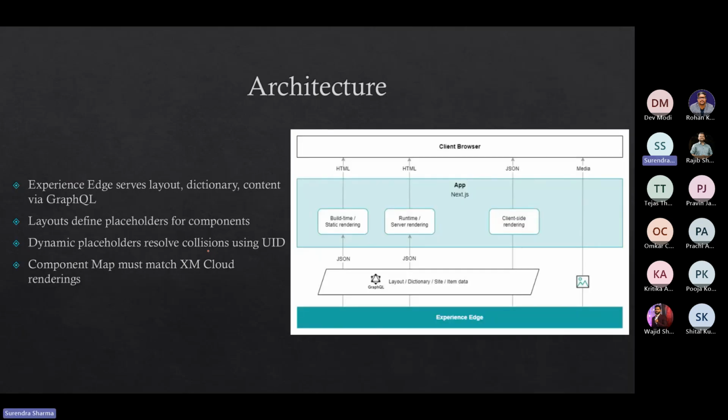Now, if we see the architecture on the XM Cloud side, when you publish from the XM Cloud CM side, all your data will go onto Experience Edge, which is nothing but the CDN network. From here, if you are directly accessing the images, that can come directly through your edge.